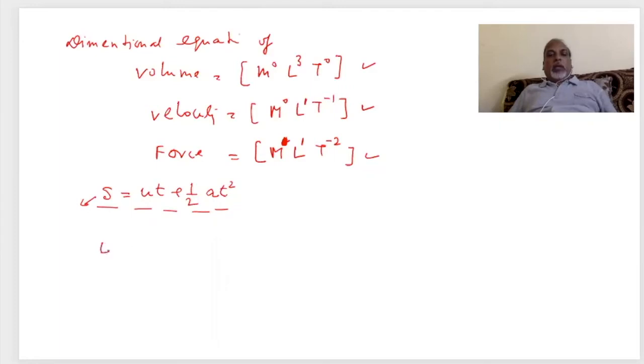Naturally, its dimension will be L. What is u? u is nothing but velocity. t is time, plus here, what is acceleration? L T minus 2, and here again time.